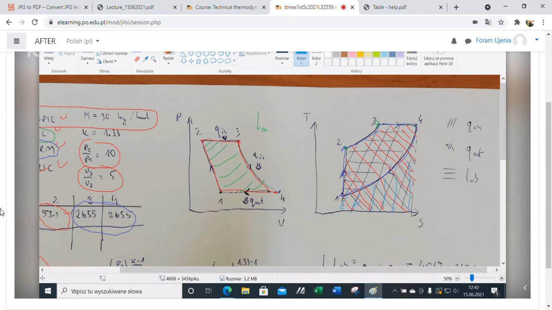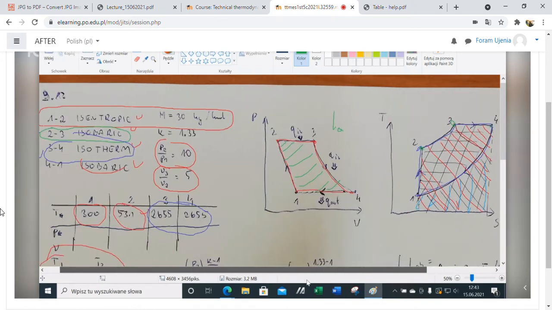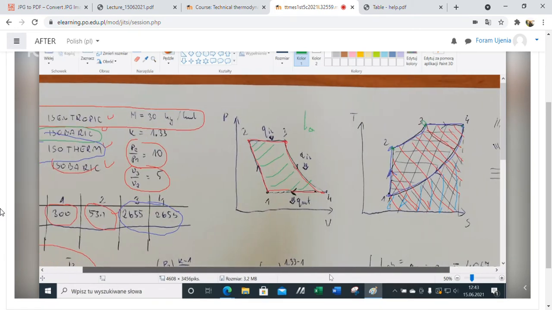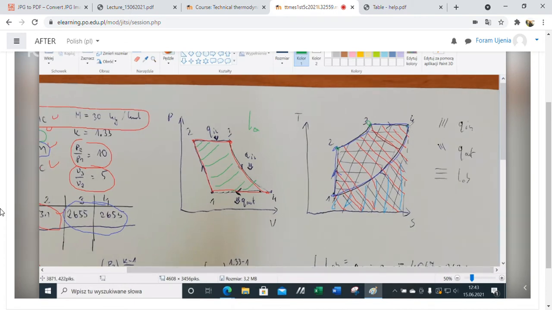But when we have transformation not like that, but like that, no, not like that, that, okay, here we will have, for example, isobaric process, yes, like that, and once more isothermic, so 4, 5, and 1, okay, the Q output will be the area under the curves between 4, 5, and 1.